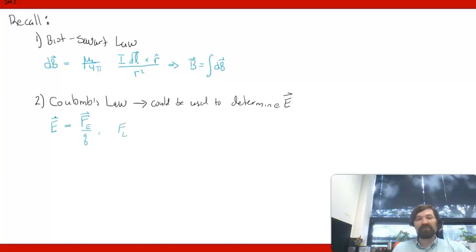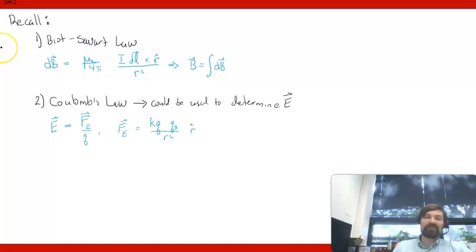The force via Coulomb's law is dF_E equals K Q dq over r squared, or, if you'd prefer non-differential form, Q times K times Q source over r squared, r hat.